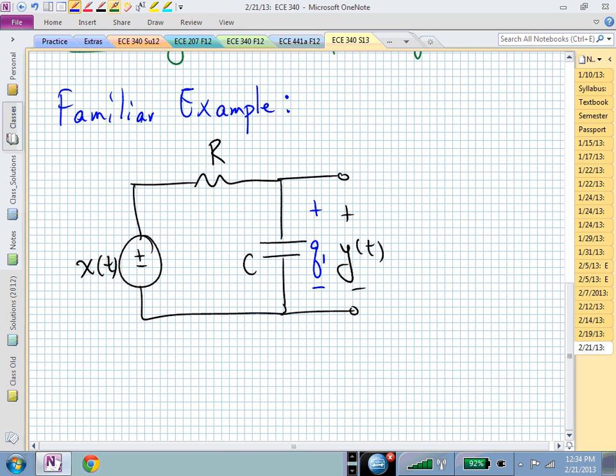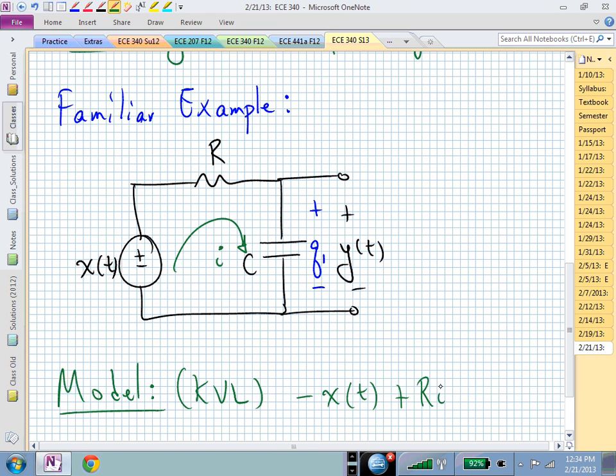Let's now create the governing dynamics, or the model of that system, and it might be just as clean to write a KVL equation for that system. And if we do, starting at the lower left, we go through the source in the opposite direction. Then we have plus R times i of t based on the i that we've defined.